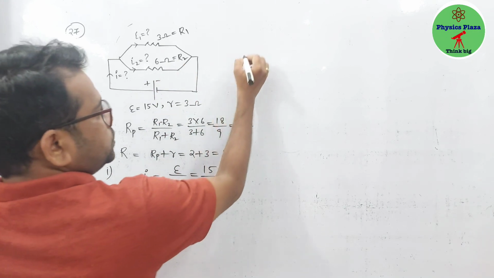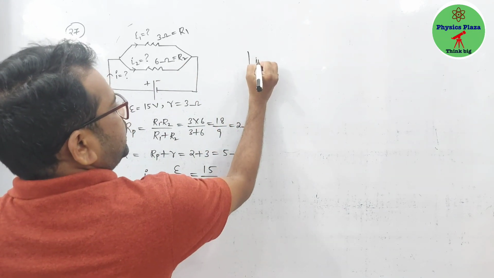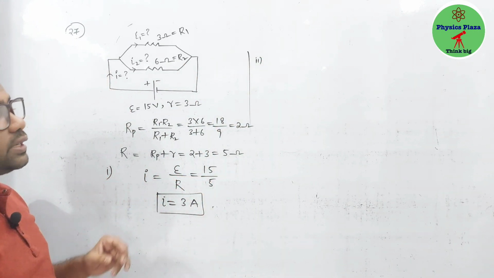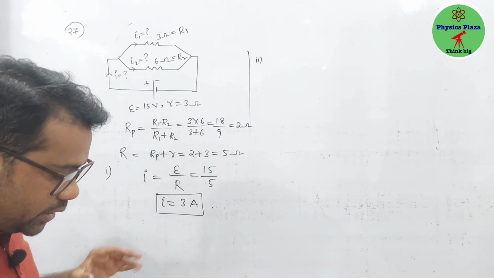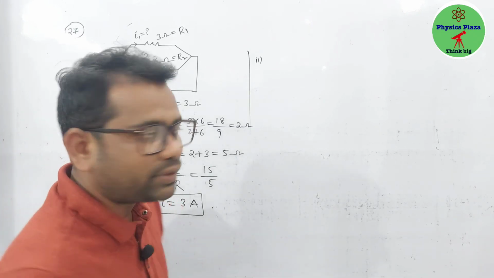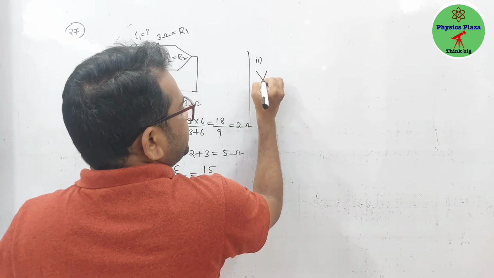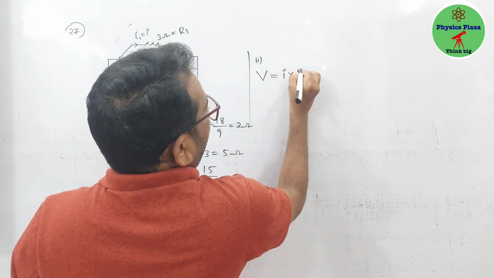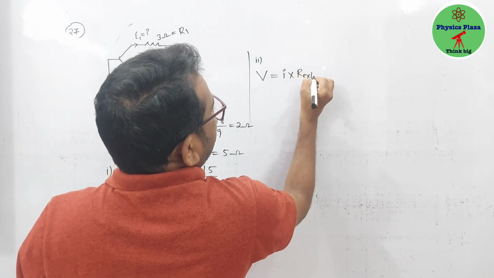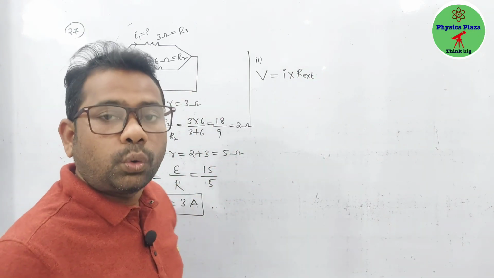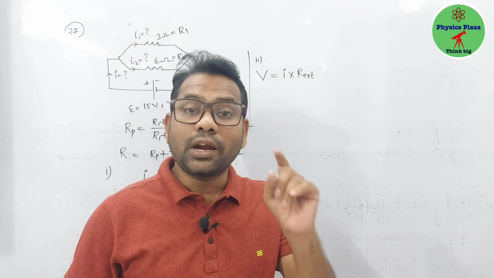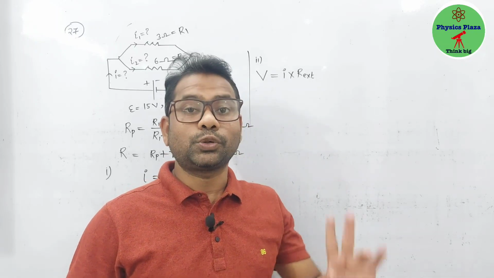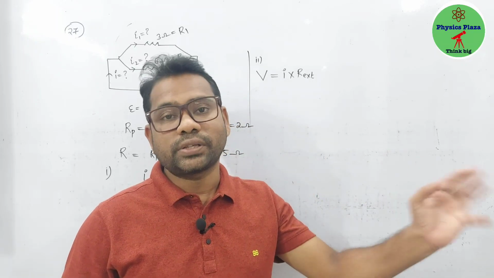Okay, fine. So here second part, they are asking us to calculate the potential difference across the terminals of the cell. Here you may wonder, sir, what is this potential difference? Children, potential difference, the terminal voltage, is equal to total current into only external resistance, which means you should not include internal resistance in order to calculate the potential difference, the so called terminal voltage across the cell.